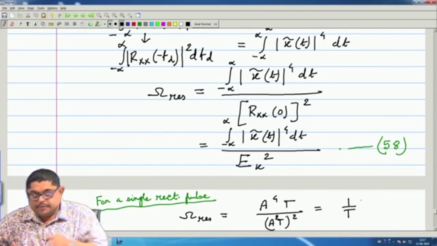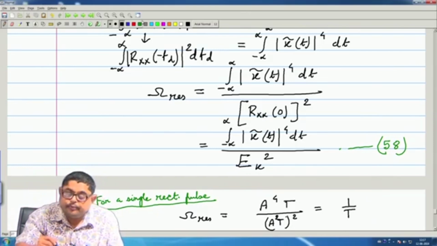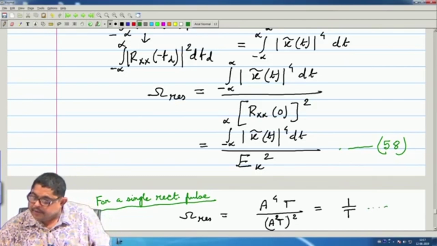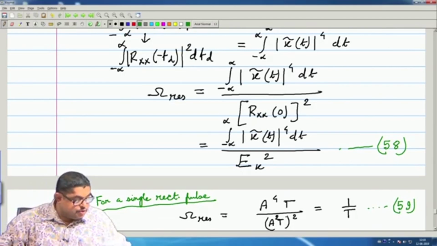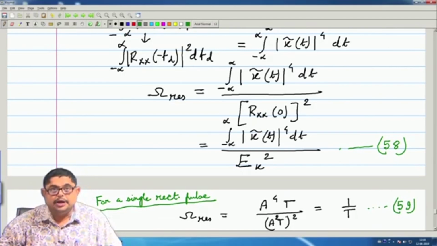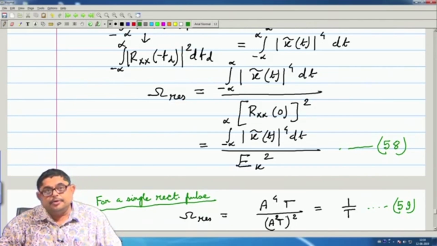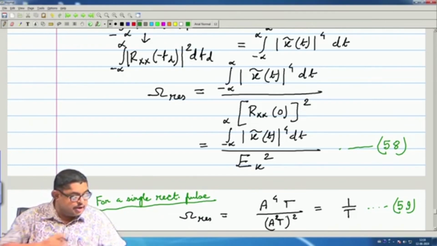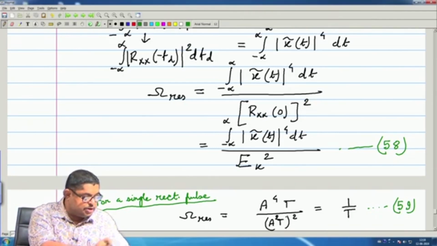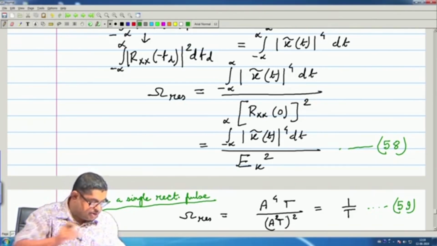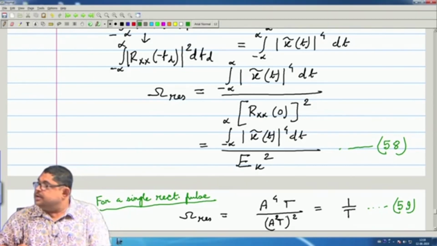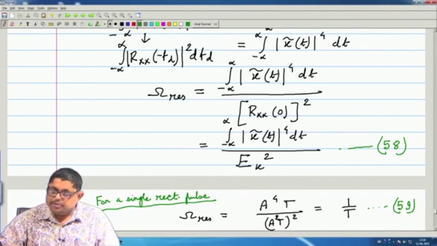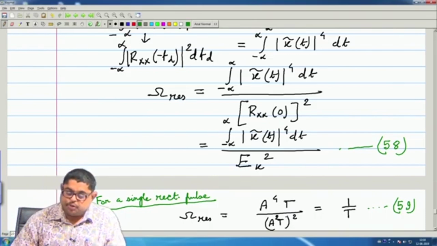So we can give it a name. This is 59. So for a single rectangular pulse, the Doppler resolution constant is 1 by T, and the delay resolution constant we have seen to be 2/3 T. So now what is the product of these two?